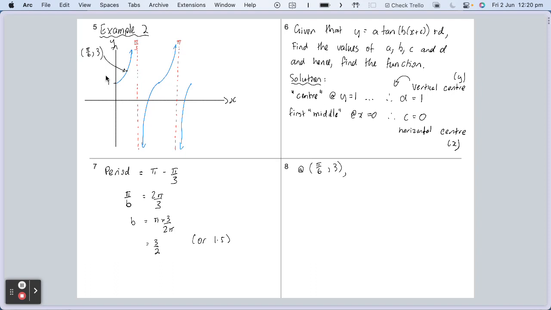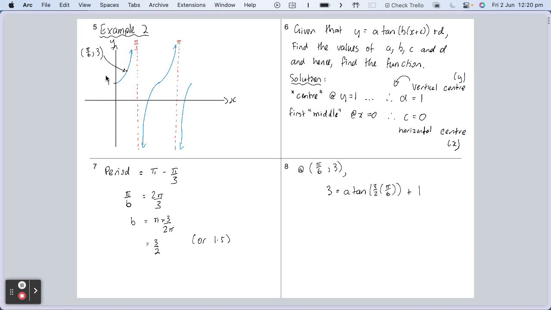So at pi on 6 comma 3, 3 is equal to a tan of 3 on 2 outside of pi on 6, because there's no value for c, plus 1. So I've done a straight substitution with all the values I know so far.